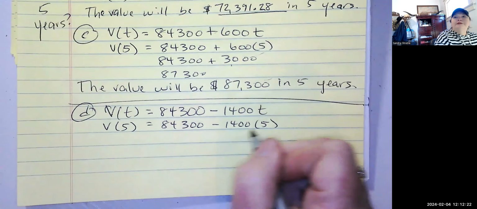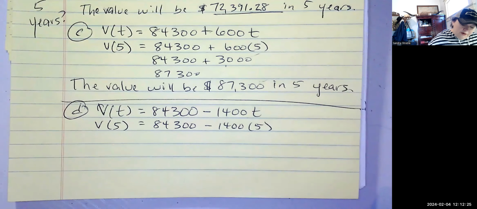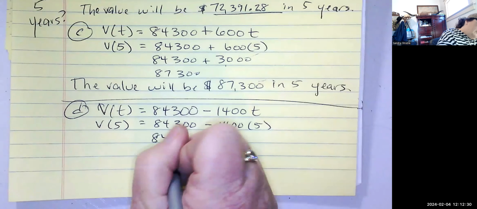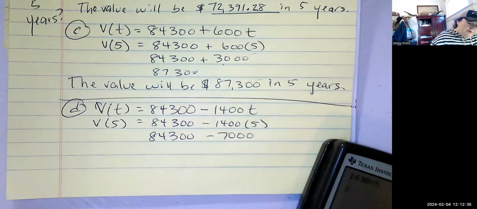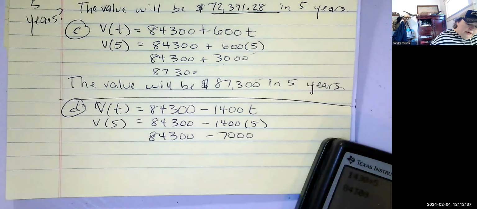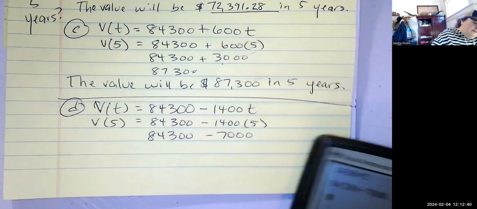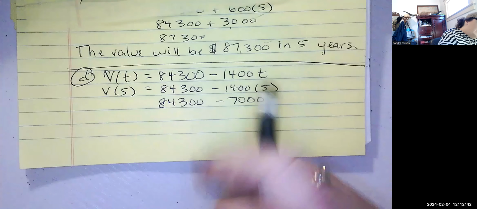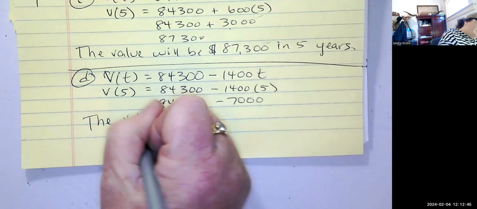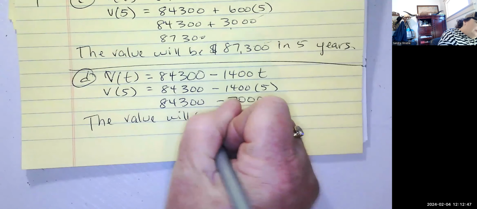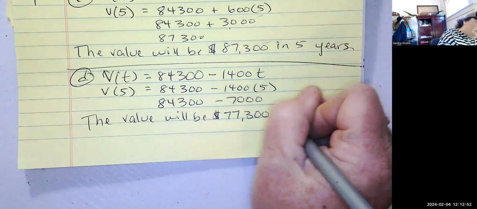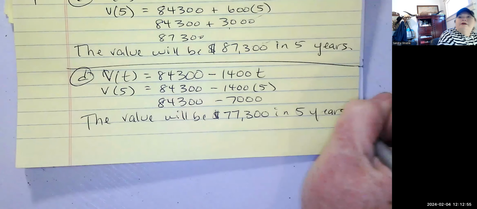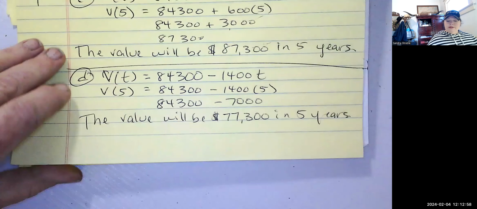I'm going to do my order of operations here. It is 7,000. So 84,300 minus 7,000 equals. So the value will be 77,300. The value will be $77,300 in 5 years. All right, 2 more. And these are the ones that I worry about for y'all.